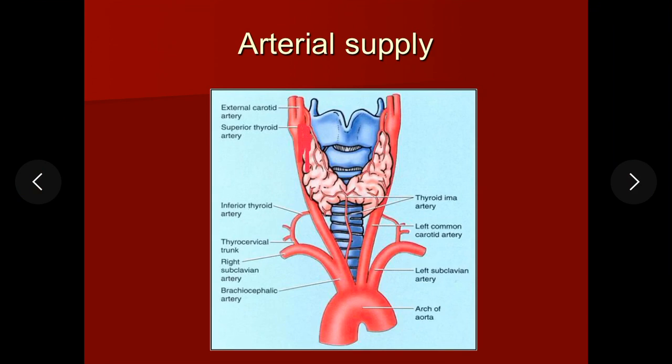What do you see here? This is the superior thyroid artery, and the inferior thyroid artery. The superior thyroid artery is a branch coming from the external carotid artery. The external carotid gives the superior thyroid artery, which is very closely related to the upper pole, then divides into an anterior branch and a posterior branch.